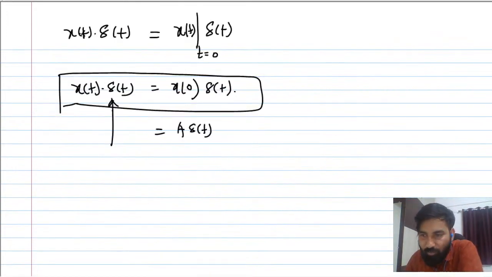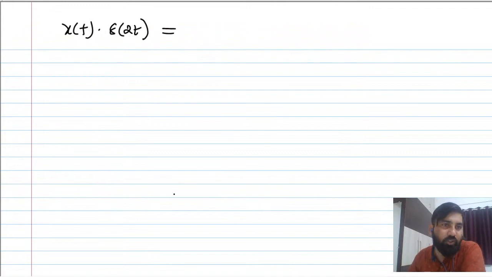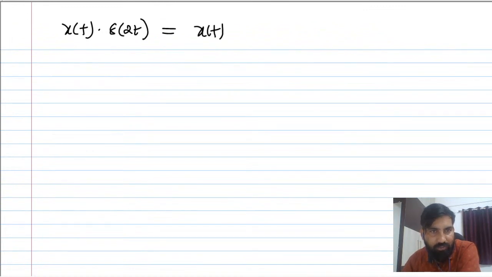I can take one more question here. Suppose we have x of t times delta of 2t. What is this equal to? You have to understand that this is a product property. We are just multiplying a continuous time signal with the delta function, or impulse function. You can first write delta of 2t as 1 by 2 delta t.